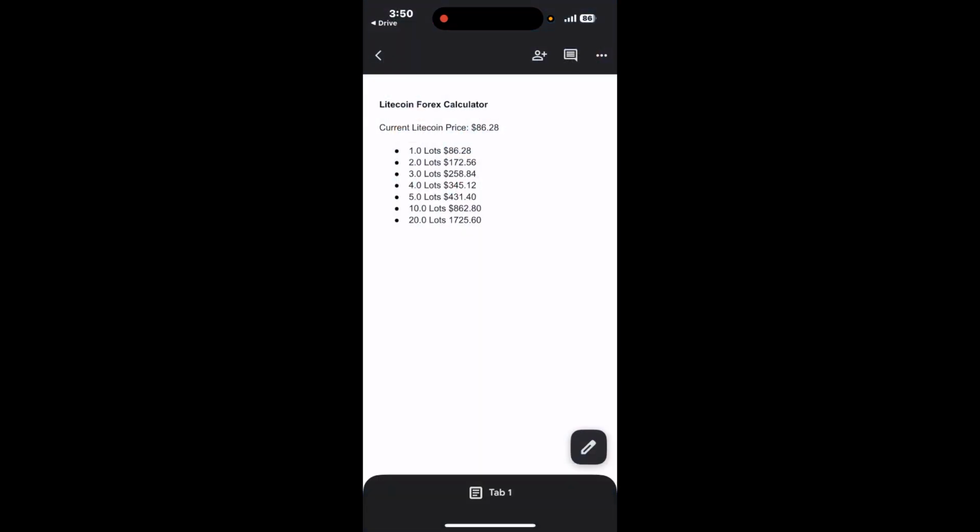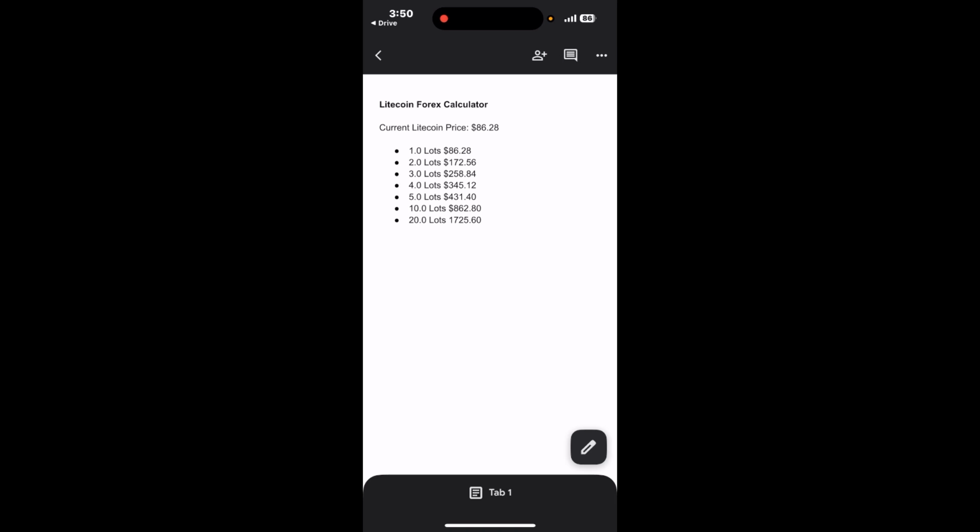The amount of lots that you use is the price of Litecoin, basically. So if you want to do 100x, you have to do the price of one Litecoin. If you want to do a 2x, you want to do the price of 2 Litecoin. If you want to do a 3x, you want to do the price of 3 Litecoin.